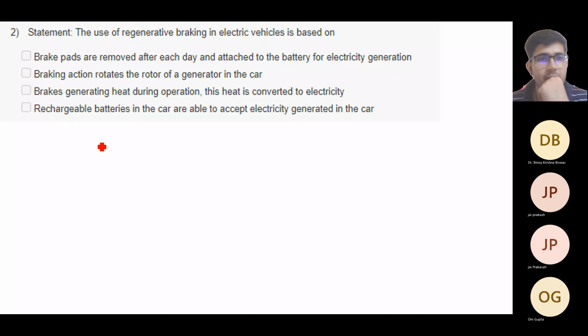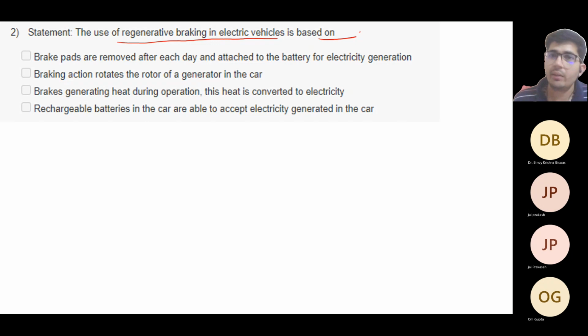The second one is a statement: the use of regenerative braking in electric vehicles is based on... We have options. Take 2-3 minutes. Go through all options, because it is not mentioned that only one option is correct. Maybe more than one option is correct.